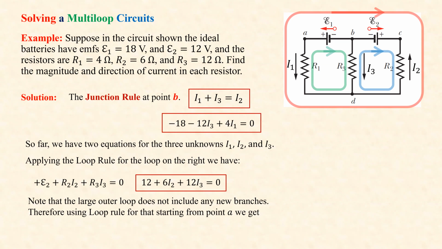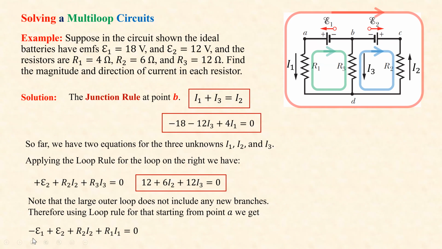Using loop rule for that, starting from A, what do we get? Go from here to here, get 18, sorry, negative 18. Then we get plus 12, and then we get plus R2I2 because we're going against the current. And then here nothing, and then going against the current again, plus R1I1 equal to 0.